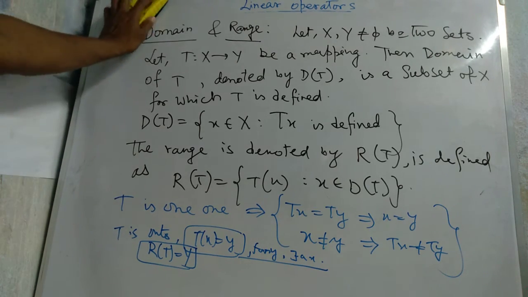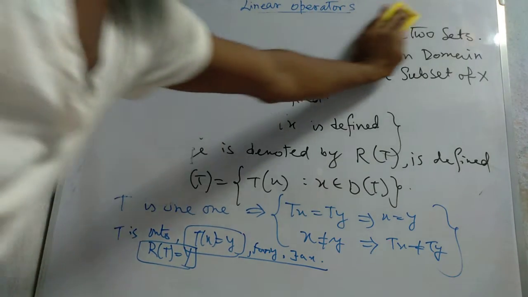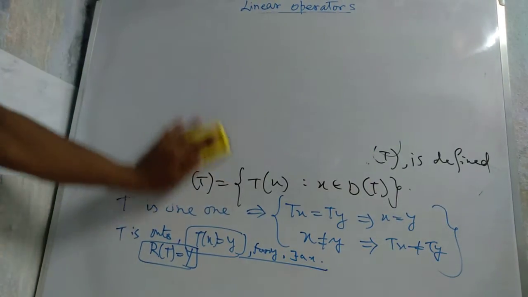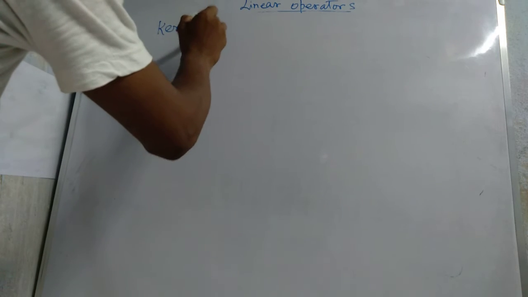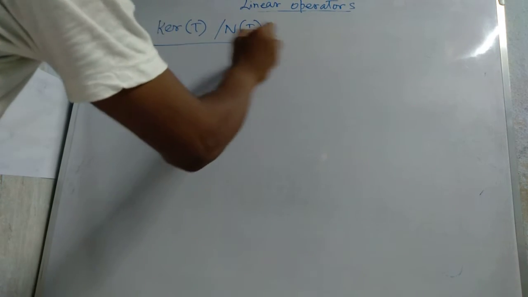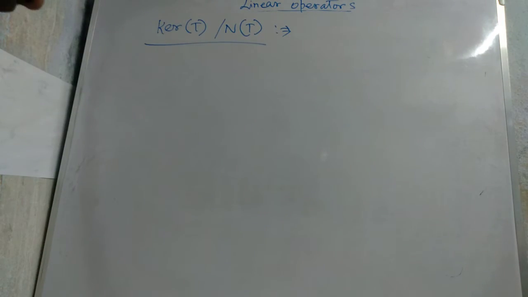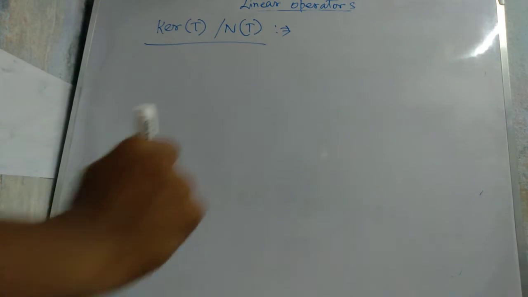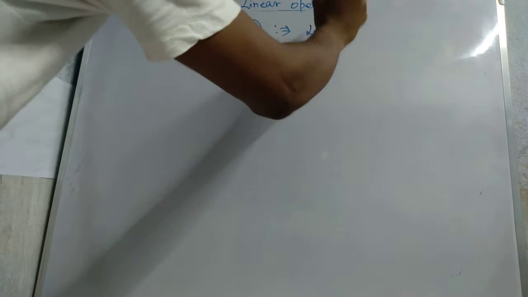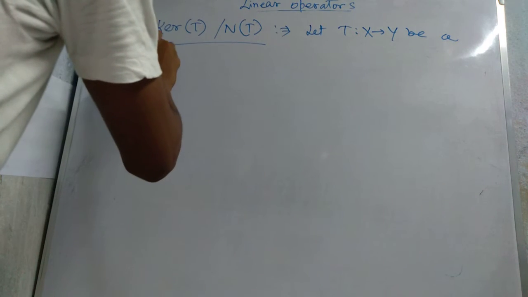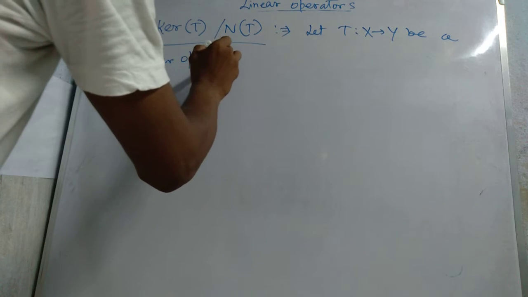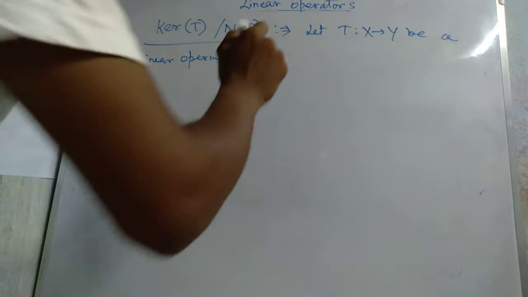Now we discuss the kernel of T, or null set. We first talk about the definition of the kernel of T, or nullity of T. Let T from X to Y be a linear operator with domain D(T).